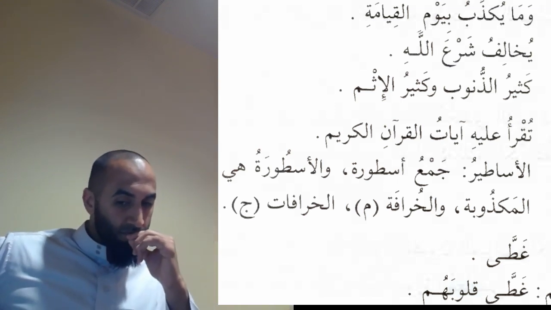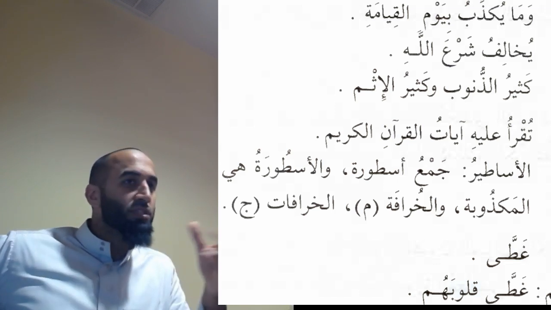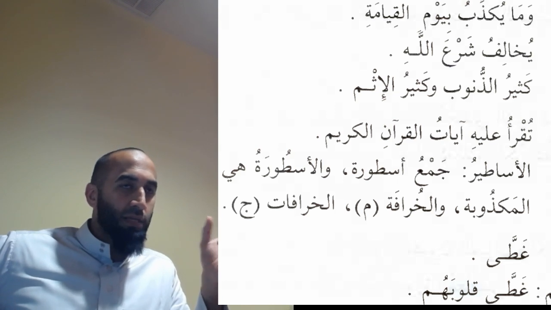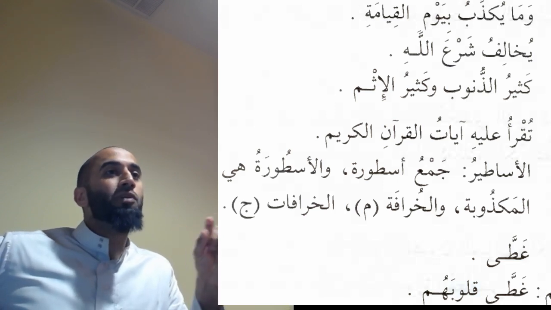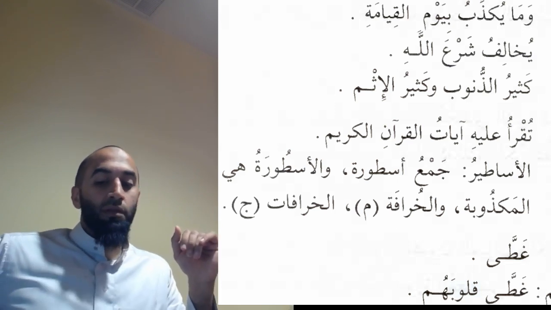The exaggerated forms use special patterns. It's just being repetitive: lots and lots of sins. So no one will reject the day of judgment إلا كل معتد أثيم, every person that's an excessively transgressing sinner, right? فهمتم? Okay.